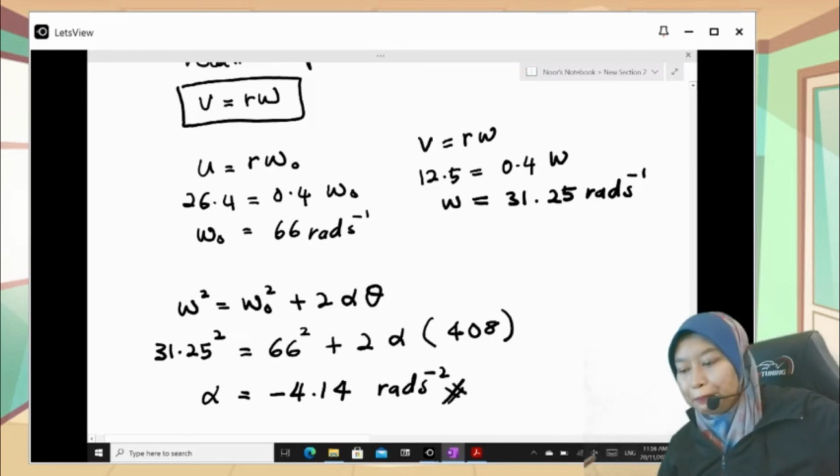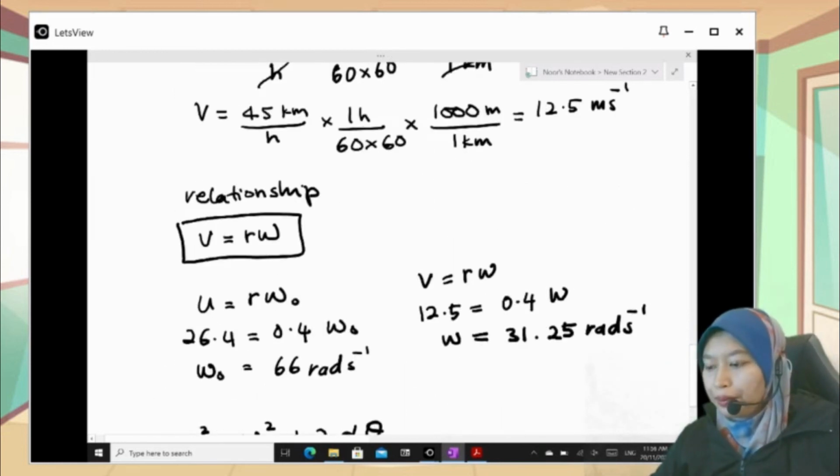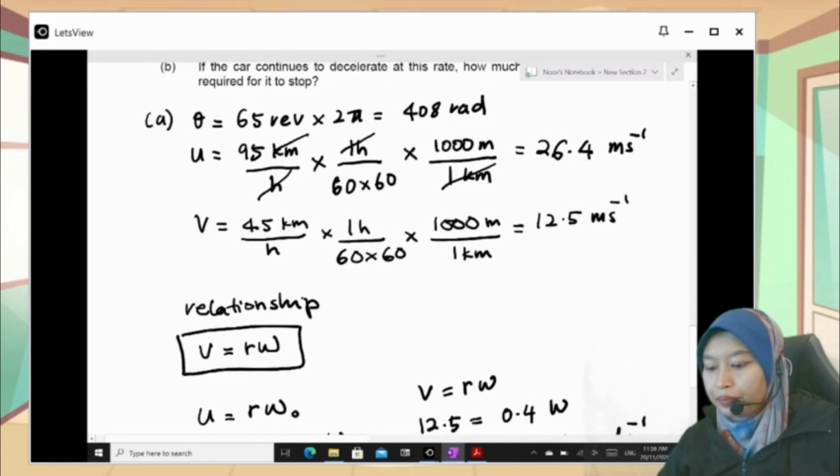So finally, yeah. Okay, let's recap what I did. So the first thing is I find the theta in radian. So I got 408 radian. And then the initial velocity. The question gives the linear velocity, not the angular velocity.